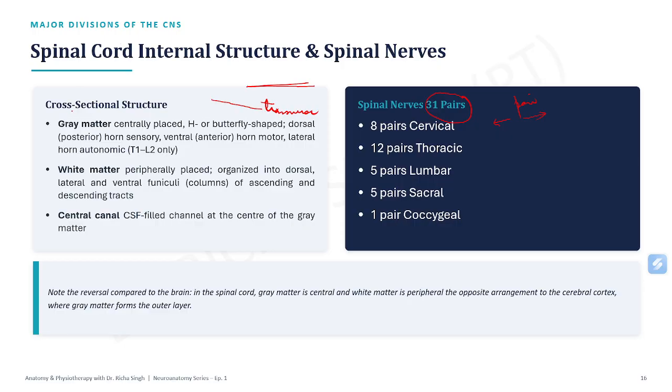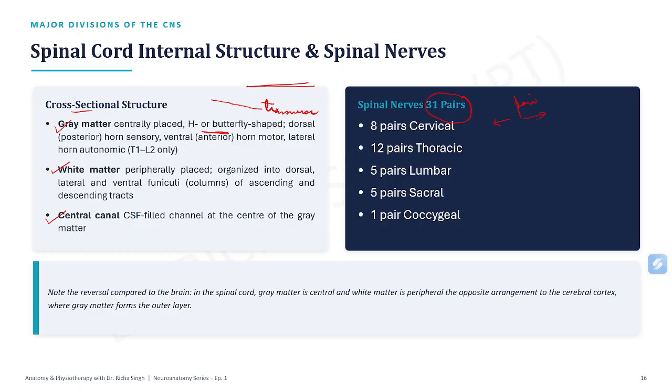So, this cross section of the spinal cord is divided into gray matter, white matter, and a central canal. Now, gray matter is placed in the center and it is a butterfly shaped structure. It has a dorsal horn, that is posterior horn, a ventral horn, and a lateral horn. So how many parts does the gray matter have?